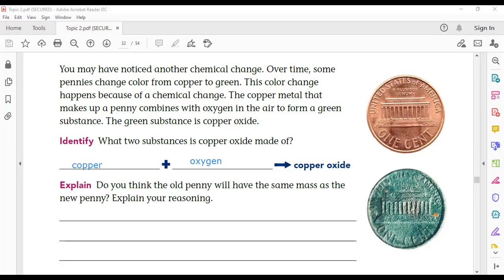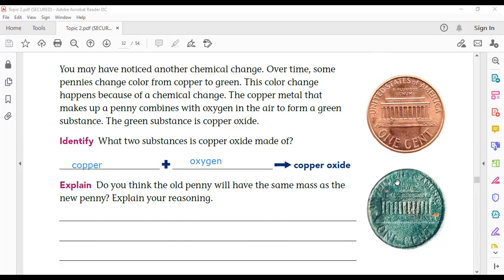The green color of this penny, why this color? It becomes green because of copper oxide. This is the color of copper oxide. This copper oxide is a new substance that changes the color of this penny.